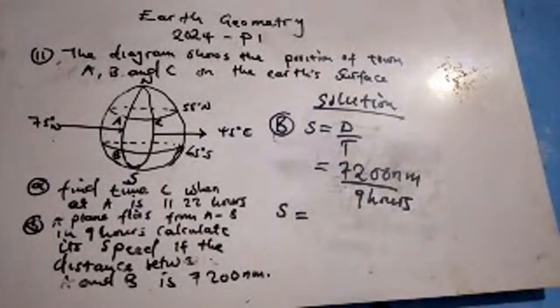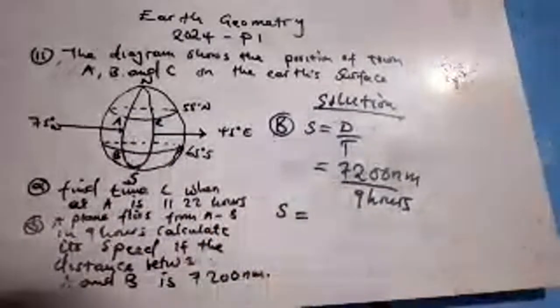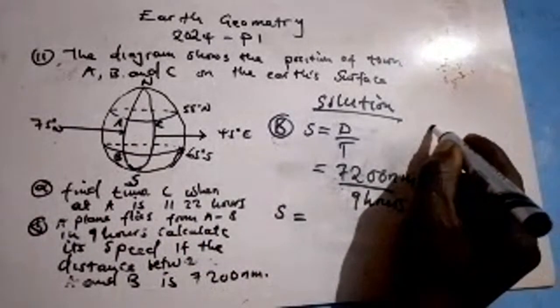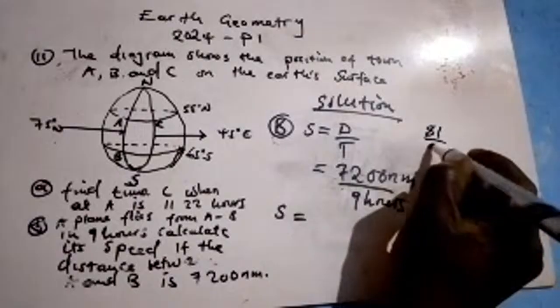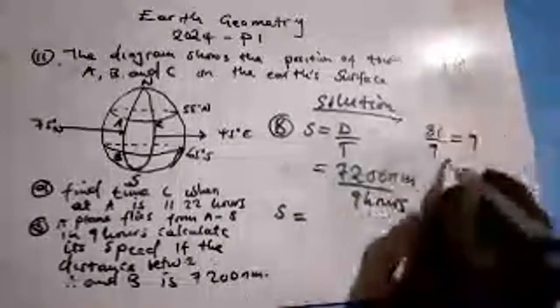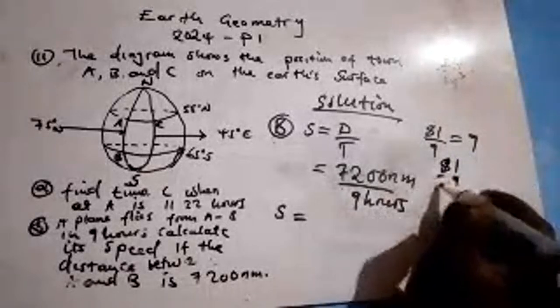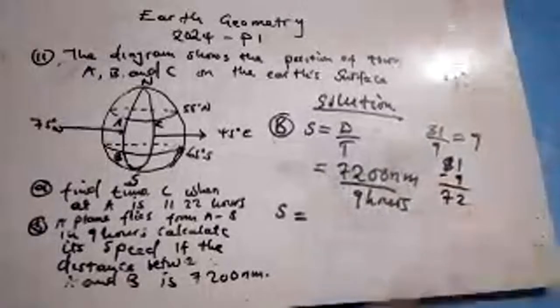If you are having a challenge when dividing these numbers, you all know that 81 divided by 9 is 9. So you must subtract 81 minus 72, which is 9.